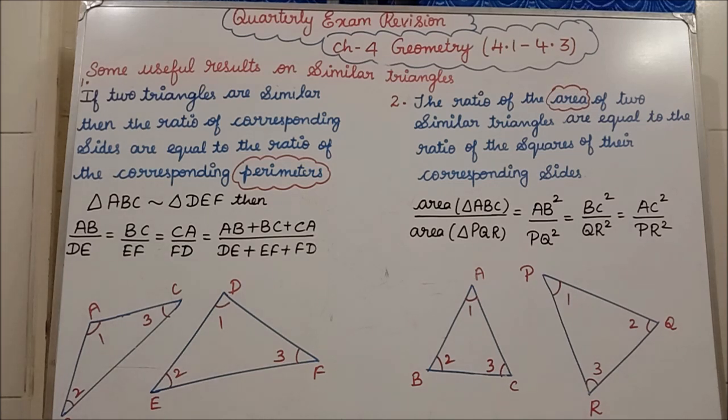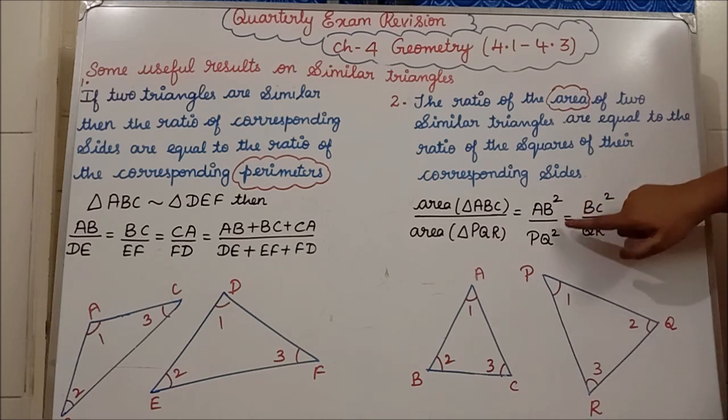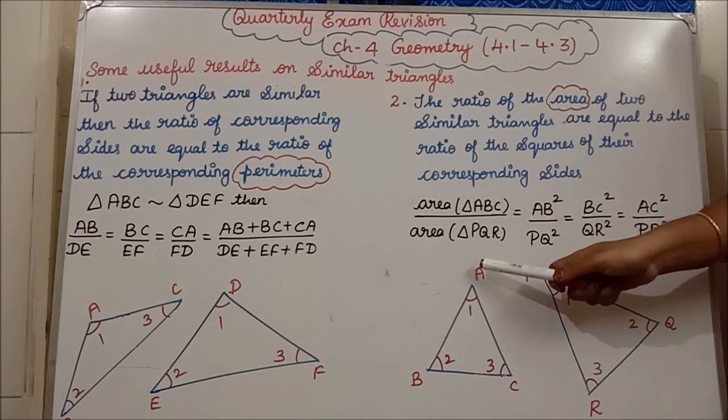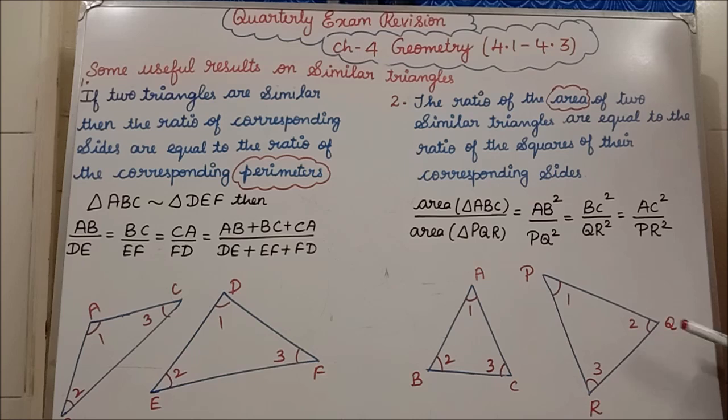The second one is, the ratio of the areas of two similar triangles is equal to the ratio of the squares of the corresponding sides. Area itself means we have to put the square. Ratio means in divide form, to the square of their corresponding sides. For each corresponding side you have to put the square. Clear? Now I have taken two triangles ABC and PQR.